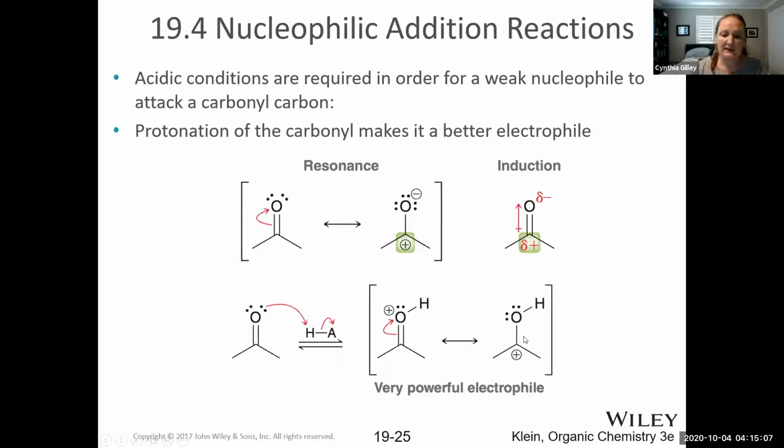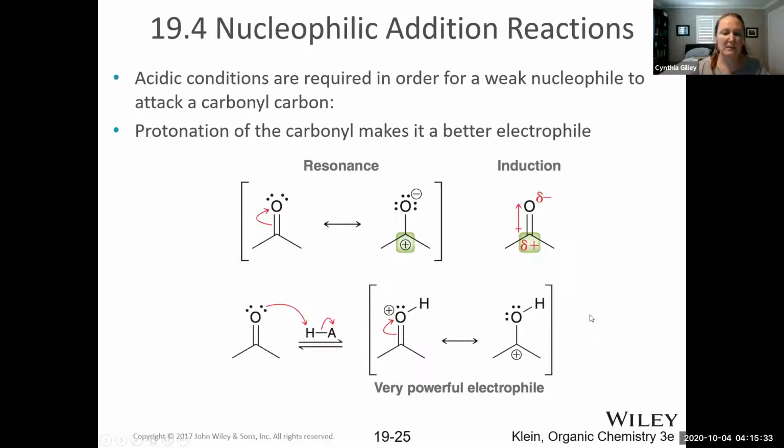So this contributor and this contributor are the ones that show the formal charge on the carbon. And this is just a little bit more significant to the overall hybrid than this one is, due to the fact that this is much more stable than this is, right? So as a result, there is more positive charge on the carbon after protonation of the oxygen.